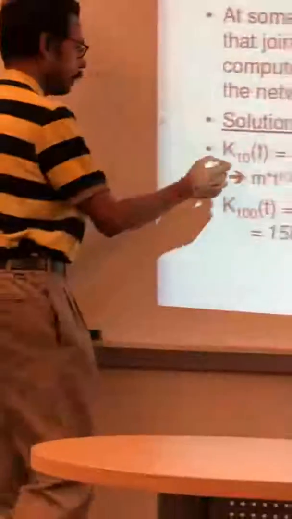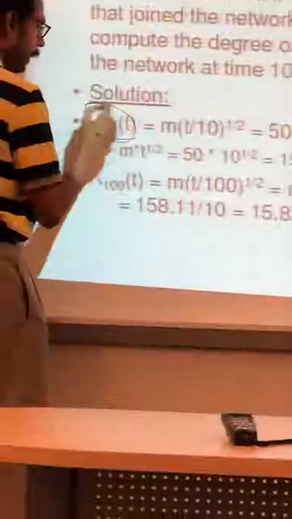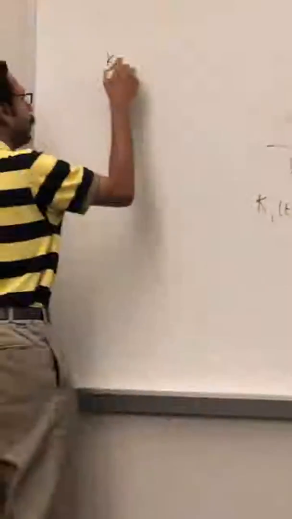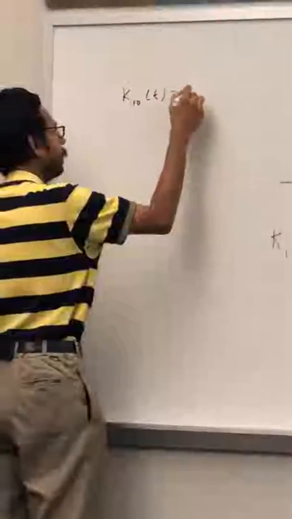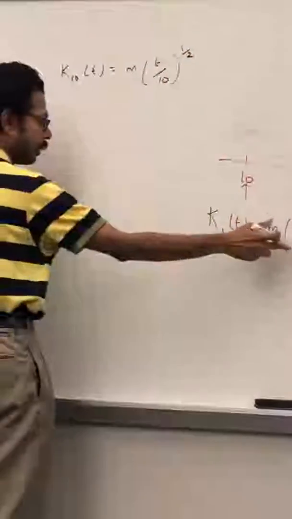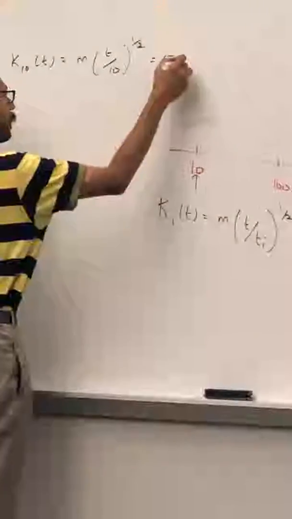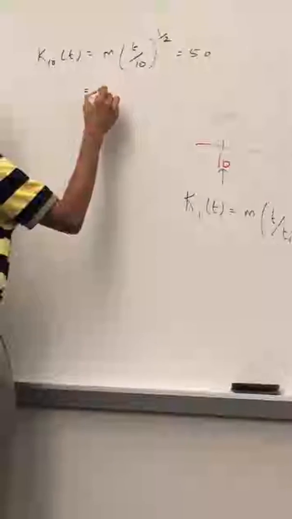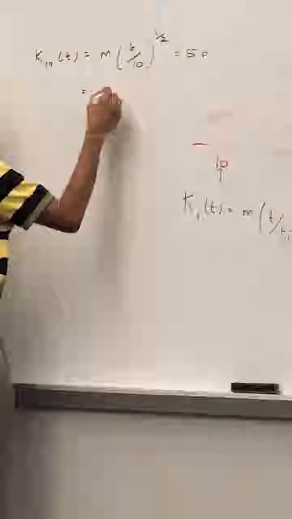You're given K10 of t as 50, and the formula is m times t over 10 raised to half. So K10 of t is m times t over 10 raised to half according to this formula, and it is given as 50. What you could do is just split this.